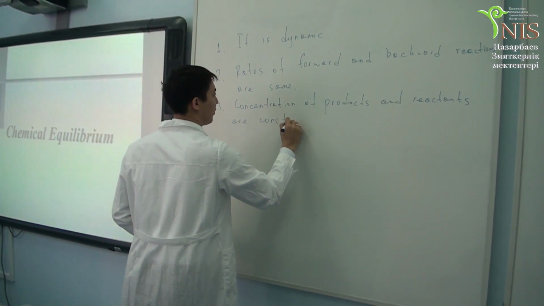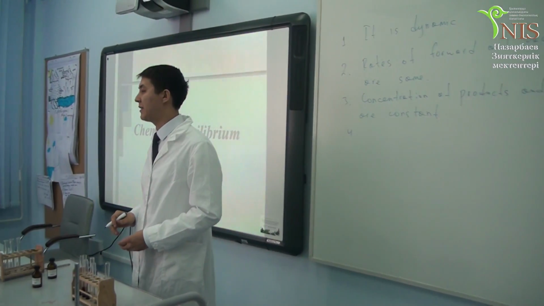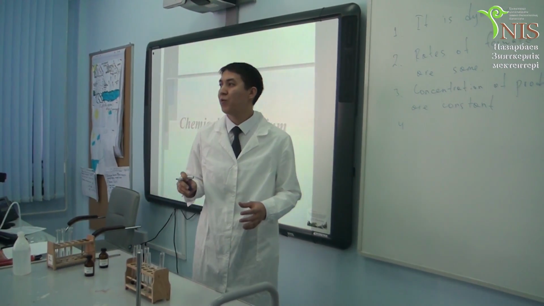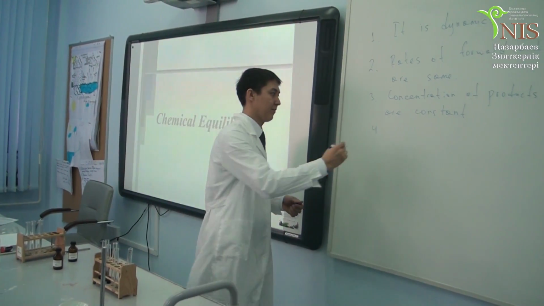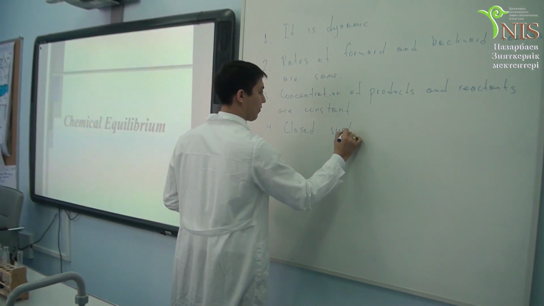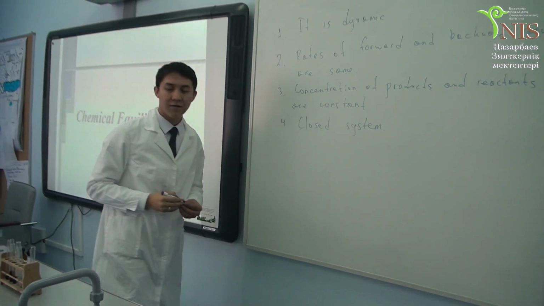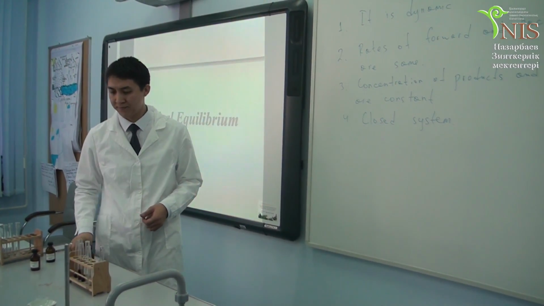And it means that it will not change. So, the fourth feature is that the equilibrium reactions occur only in a closed system. Okay. These are the four features of the equilibrium reactions.